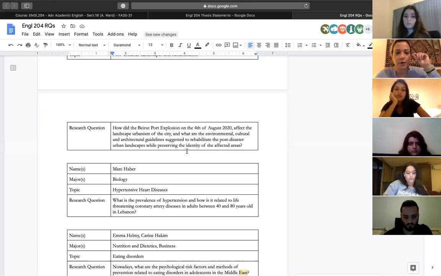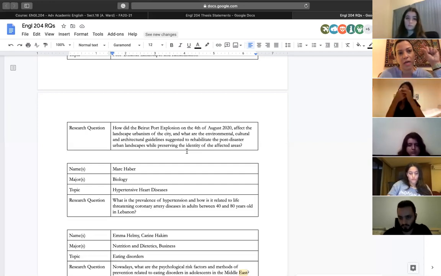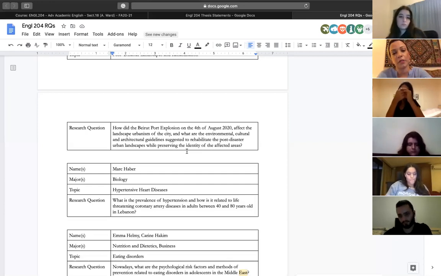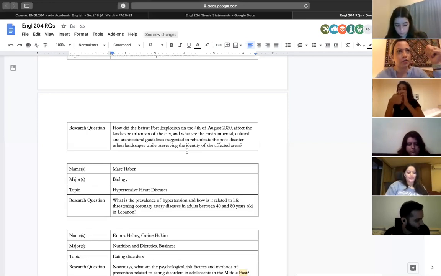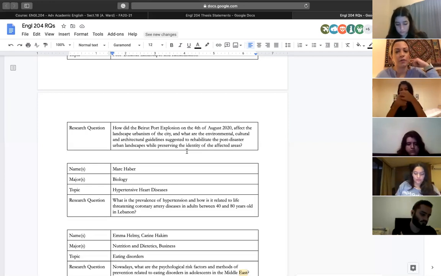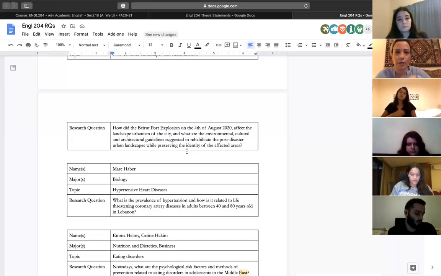Just for this paper. I'm still trying to think whether you would be able to put the first part in your introduction. Even if you remove it right now from the research question, you would still think of putting it in your introduction or background information, because the way we're going to be structuring this research paper is not like you structure an essay. It's not introduction, body paragraphs, and conclusion.